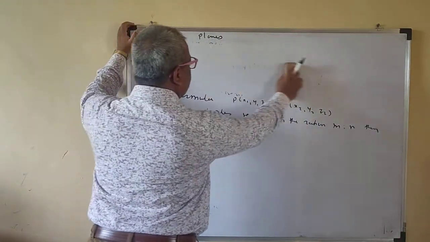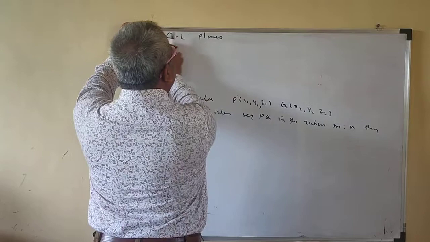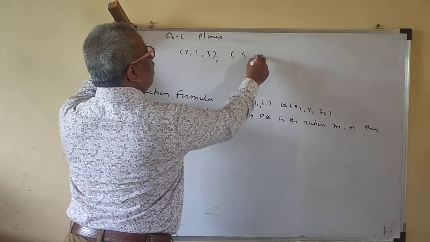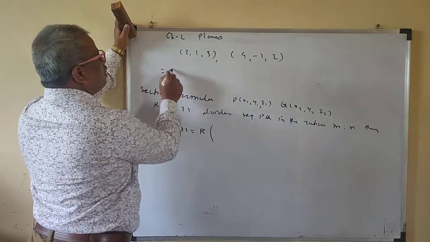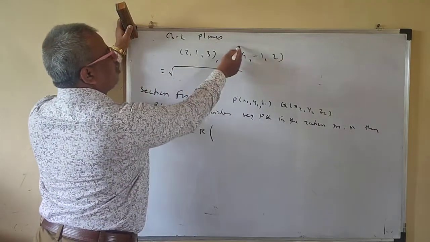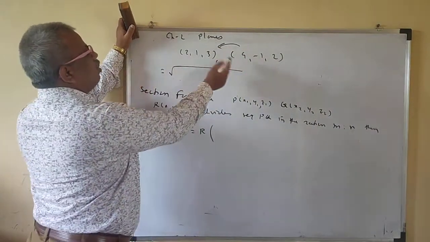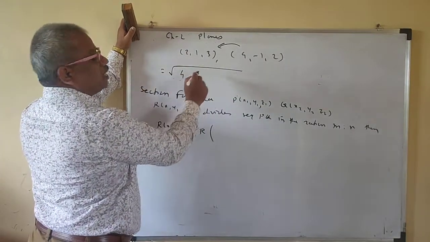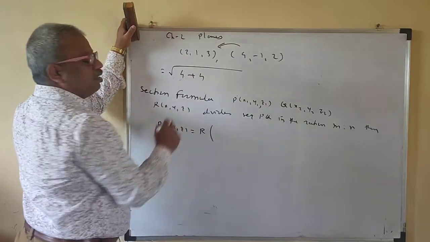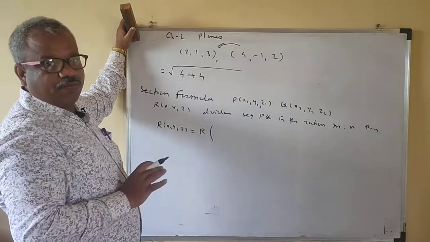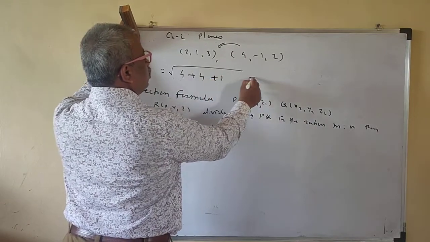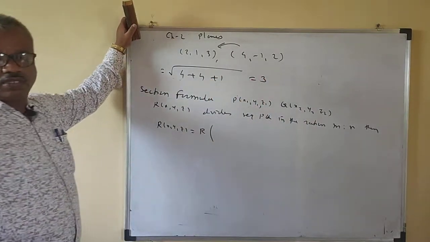For example, suppose you have 2 points, (2, 1, 3) and (4, minus 1, 2). Then the distance is: 4 minus 2 squared is 4, minus 1 minus 1 is minus 2, squared is plus 4, and 2 minus 3 is minus 1, squared is 1. Here you have to write the sum, so 4 plus 4 plus 1 is 9, and the distance is 3.